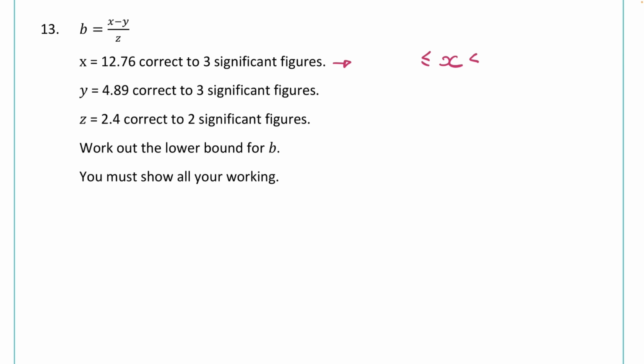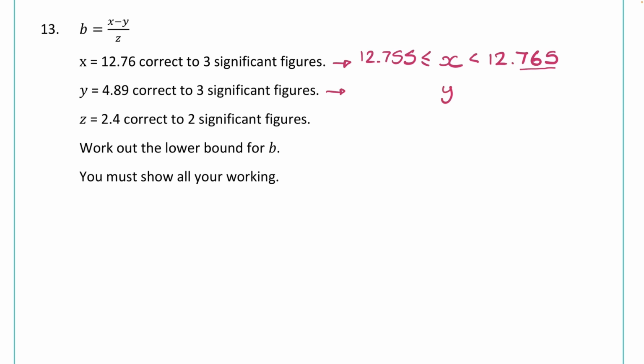So I always do the upper bound first, 12.765, and then stick the 5 on the end. And then the lower one I always find easier to see because it's 765 at the end, it'd be 755. So 12.755. I'm going to do the same for all three of these.